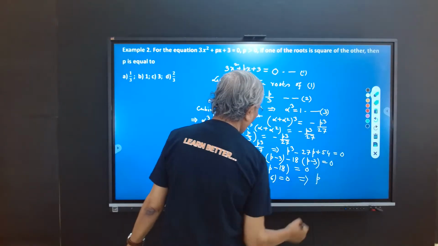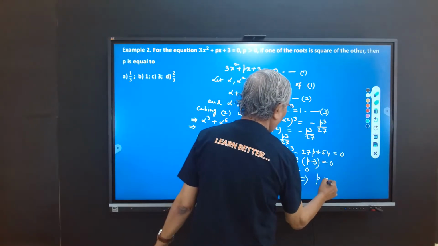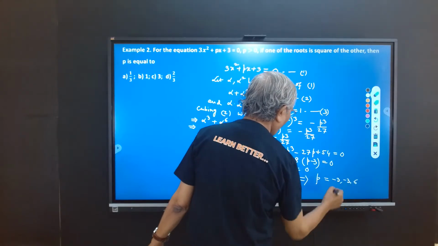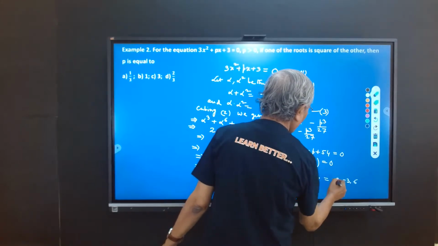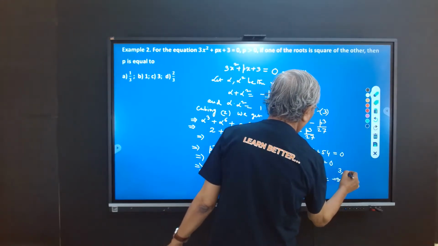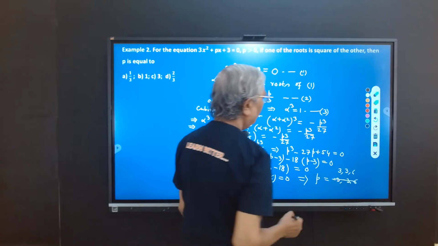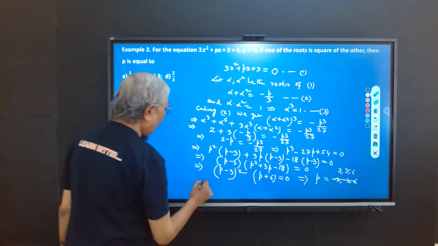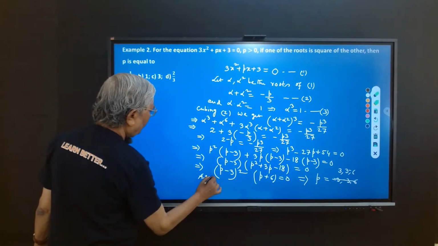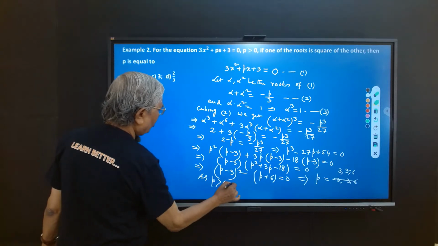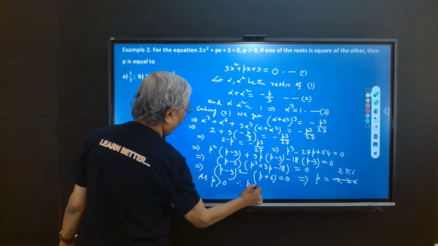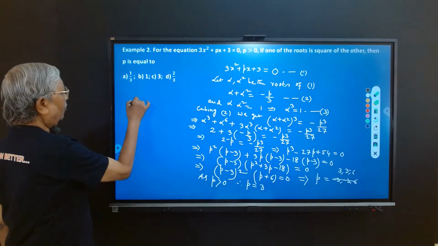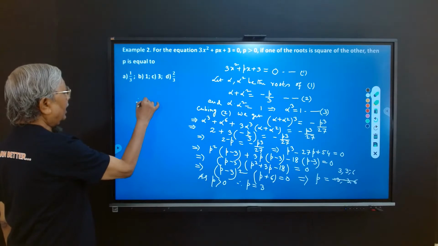The values are 3, 3, minus 6. As p is greater than 0, we will take the positive value. Therefore, you can write p equals to 3. So what is the correct option? Therefore, the correct option is C.